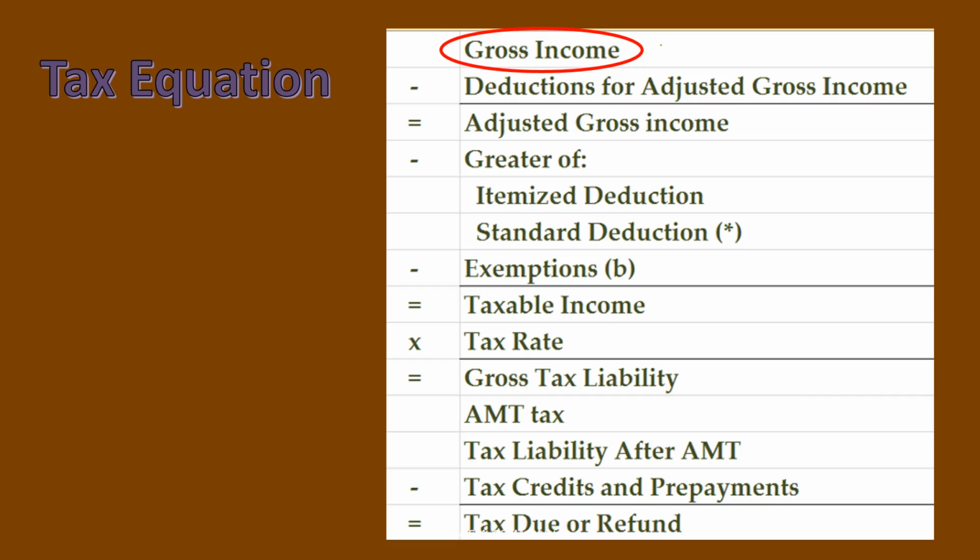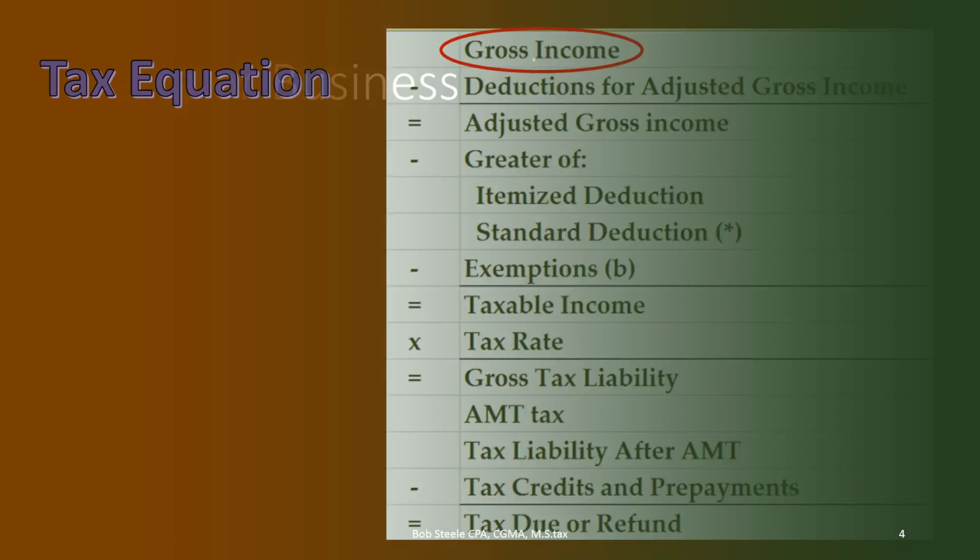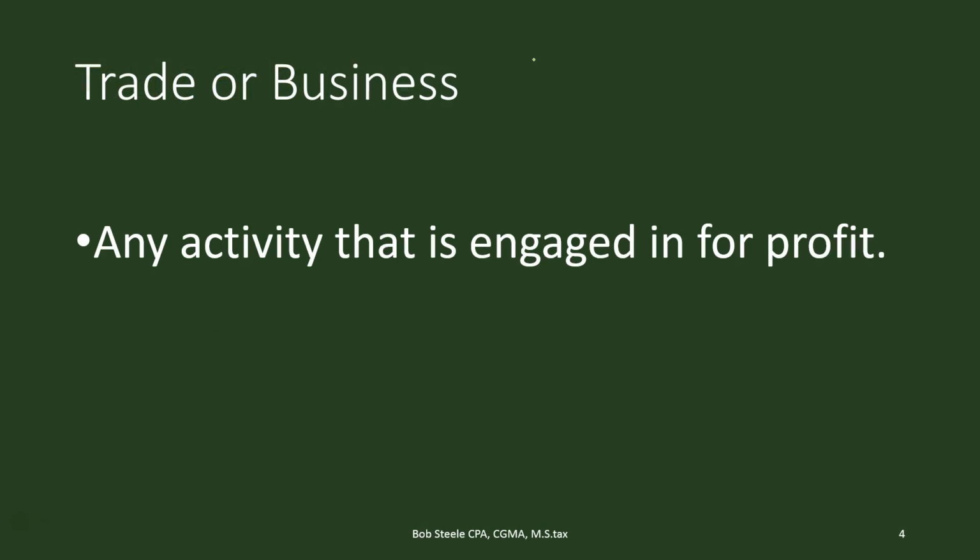So when we look at our tax equation, really the Schedule C is going to be here in income, but it's going to be the net income that's going to be included in here. So really, this income line, as it relates to business income, is a bit deceiving because, of course, it includes both income and expenses, or in this case, both income and deductions, because expenses are in essence deductions.